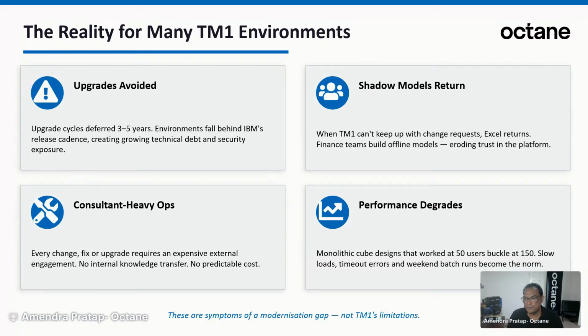But because there is no prioritization on that, and the cost of doing those things is quite high, those things are not done, and the users tend to revert to dumping data out into Excel, and we have shadow models running in Excel, which finance builds offline, and that erodes the trust in the platform, where it just ends up being a slow moving database where people just upload the budgets and the forecast and keep it there for reporting and a source of truth, but the day-to-day work doesn't happen there. So that's also a very risky area to be in.